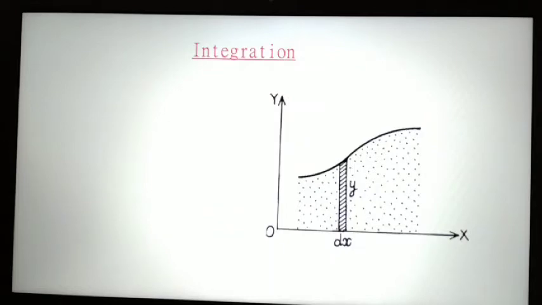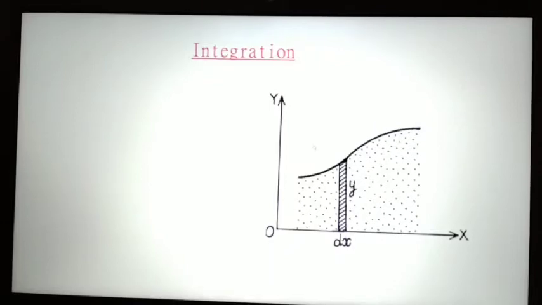Suppose the left line is extending to x1 and the right extreme is going to x2, that is, left extreme to right extreme. Then this dx will include the total area. Are you getting me?